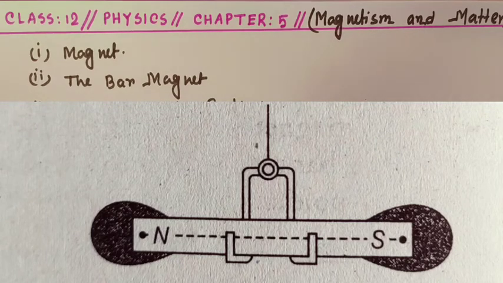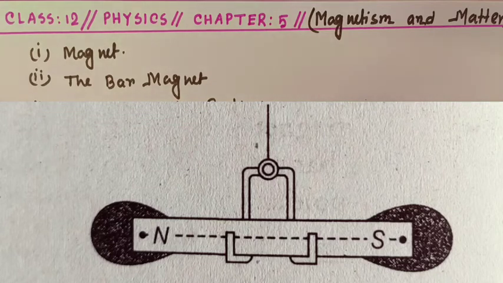If a bar magnet is dropped into a pile of iron filings, the maximum amount of filings gets deposited near the ends of the magnet and almost nil in the middle.